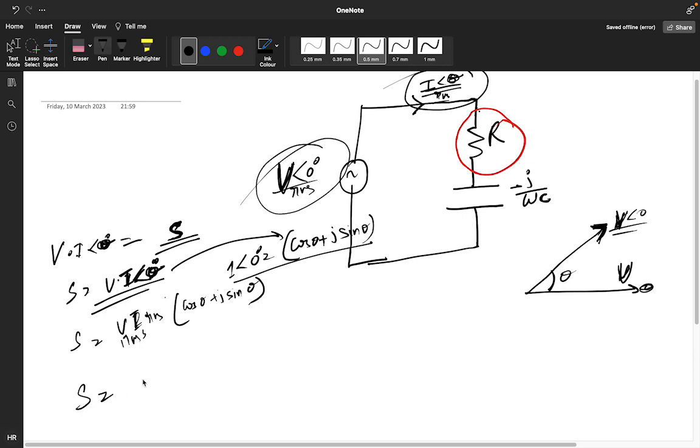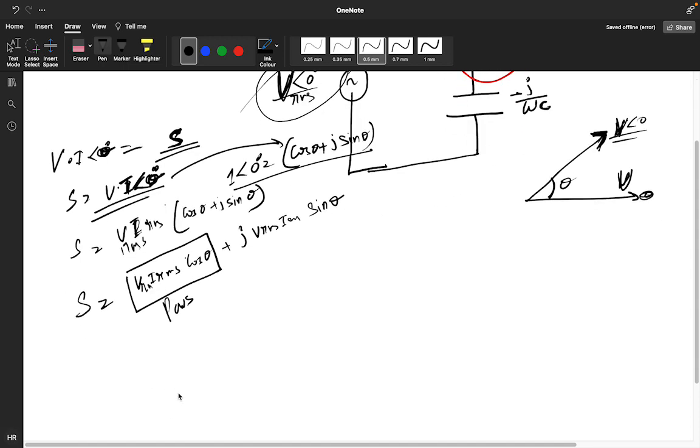So S is coming as Vrms into Irms cos theta plus j Vrms into Irms sin theta. So this is your average power, you can say it is the real power.